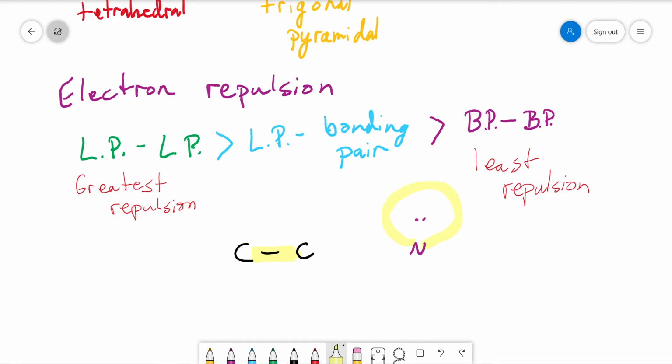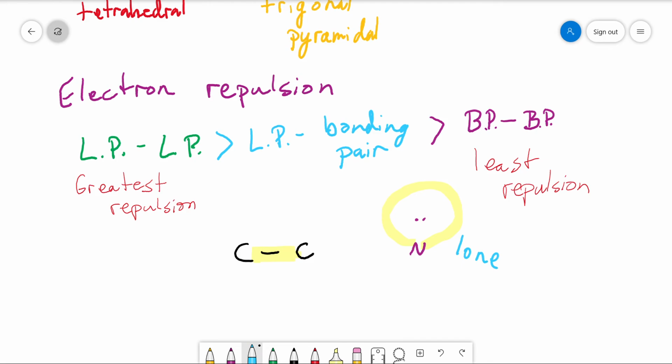So it pushes things around more than those electrons in between two atoms, because the electrons between two atoms stay between the two atoms. The electrons that are lone pairs tend to kind of roam, if you want to think of it that way, and they take up more space. So we can just say a lone pair takes up more space.